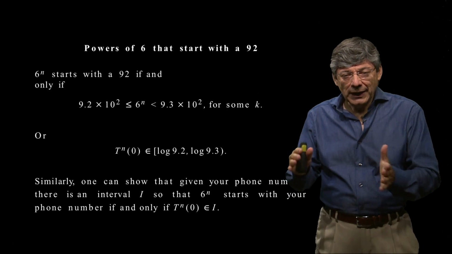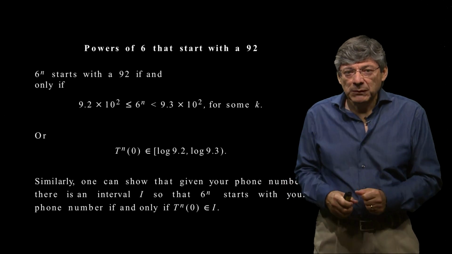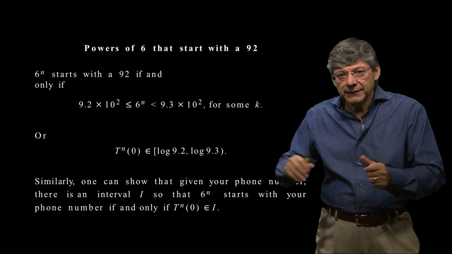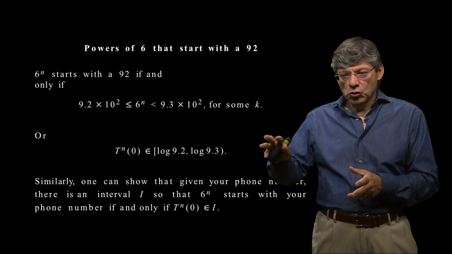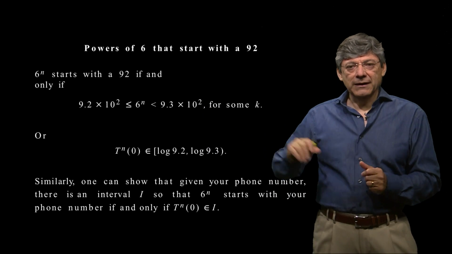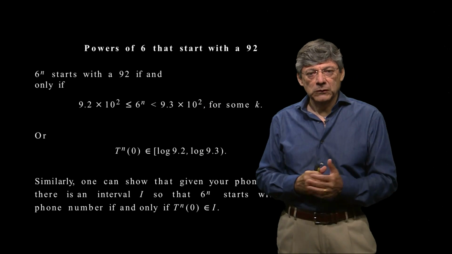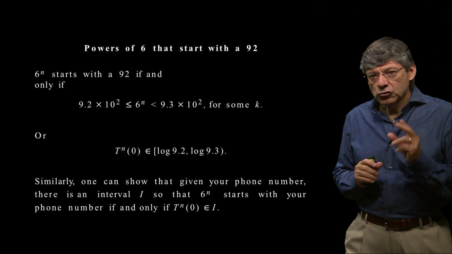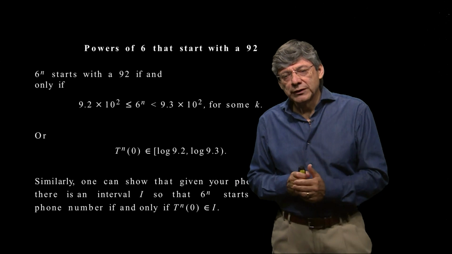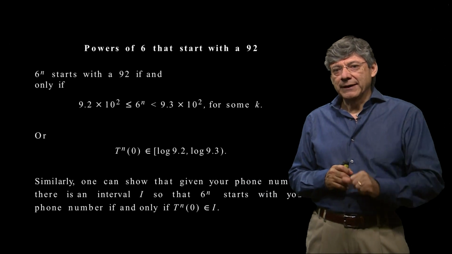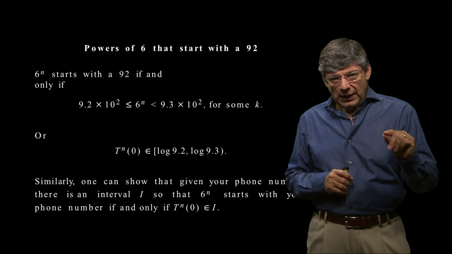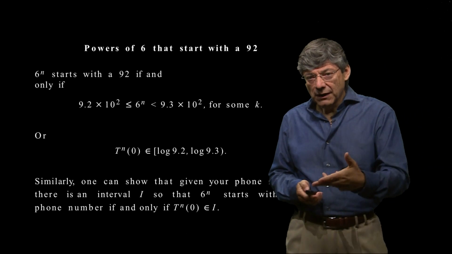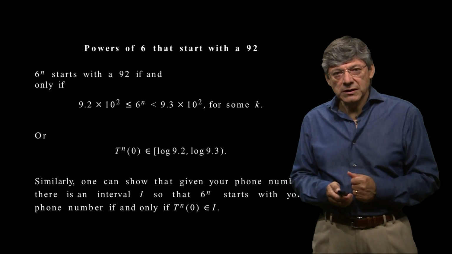And you look at that interval, which will be smaller, but it will be log of the first digit of your phone number, dot, the rest, comma, the log of that with a little bit added at the end. So there's a particular interval that you can construct for a number so that the power of 6 will start with that number if and only if the orbit of 0 visits that interval. And the n for which it visits will be the n's for which that power of 6 starts with the number.